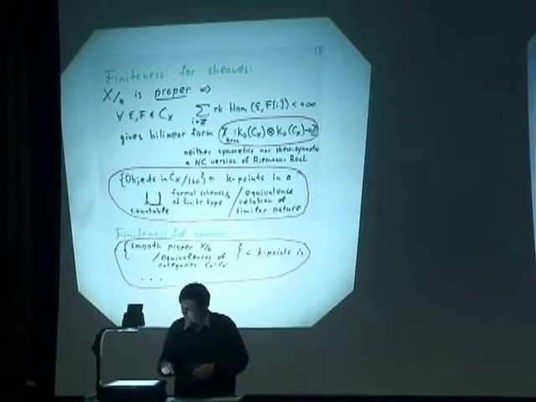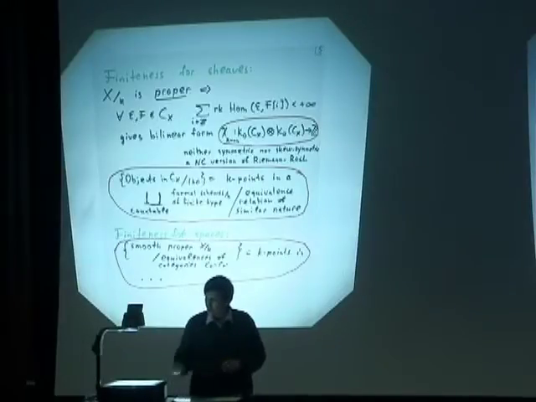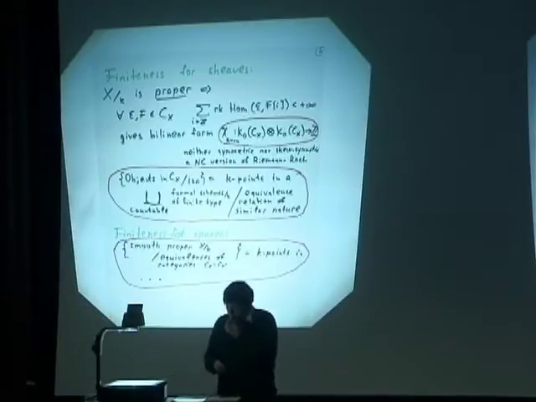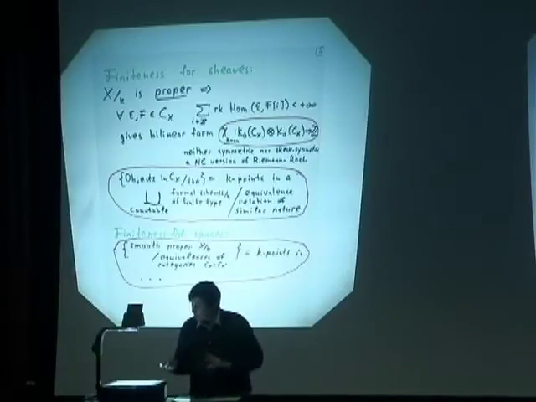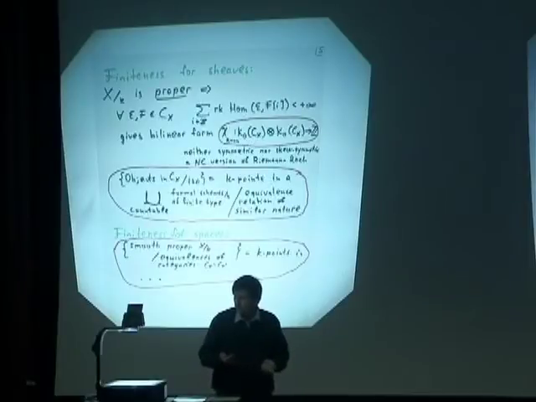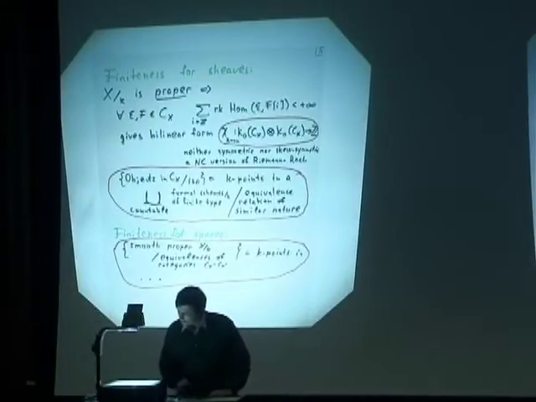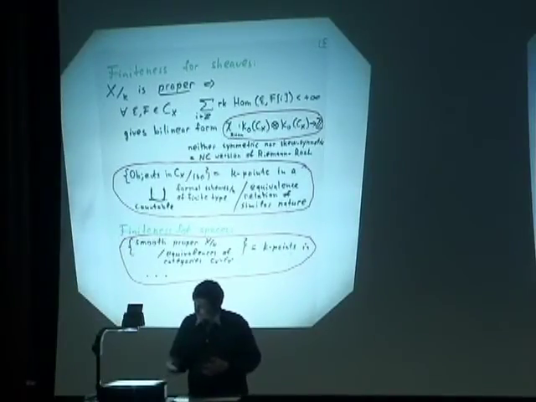And you have a canonical bilinear form on K0 of the category, the Euler characteristic of RHom from one object to another. And this bilinear form is in general neither symmetric nor skew symmetric. And the formula for this in common examples is kind of a Riemann-Roch formula in a sense.